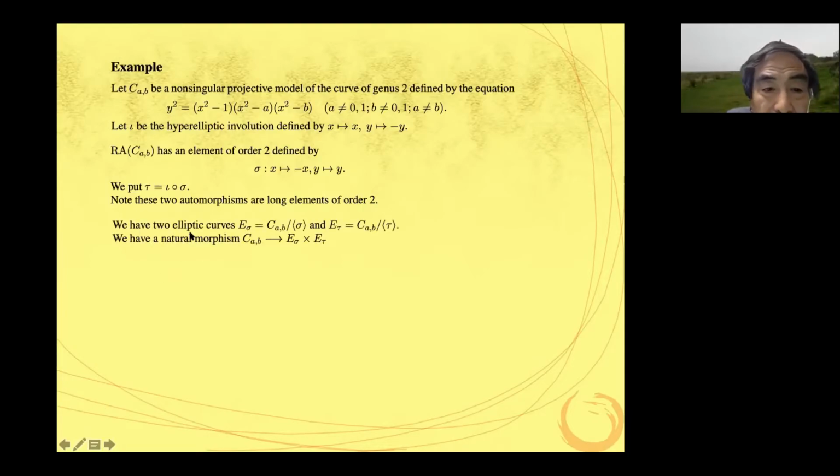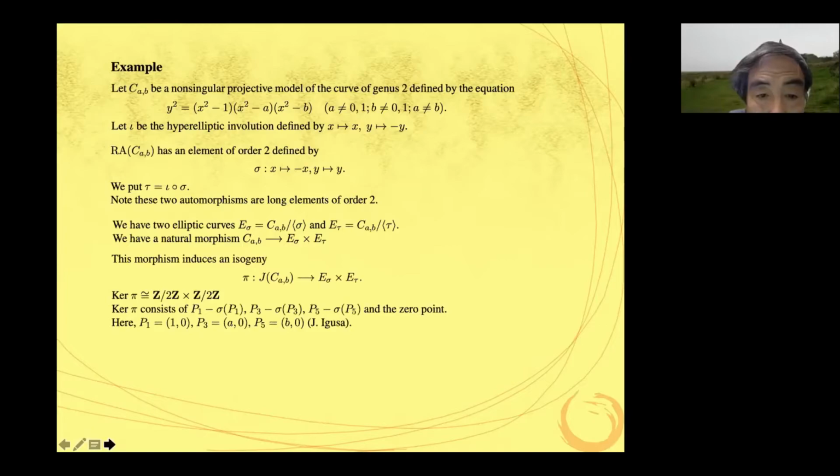And we consider the quotient of this genus 2 curve by the automorphisms of order 2, sigma and tau. We set it like this. Then we have a natural map from C_AB to E_sigma cross E_tau. And by this, we have an induced isogeny from this to this. Then we can calculate the kernel of this.